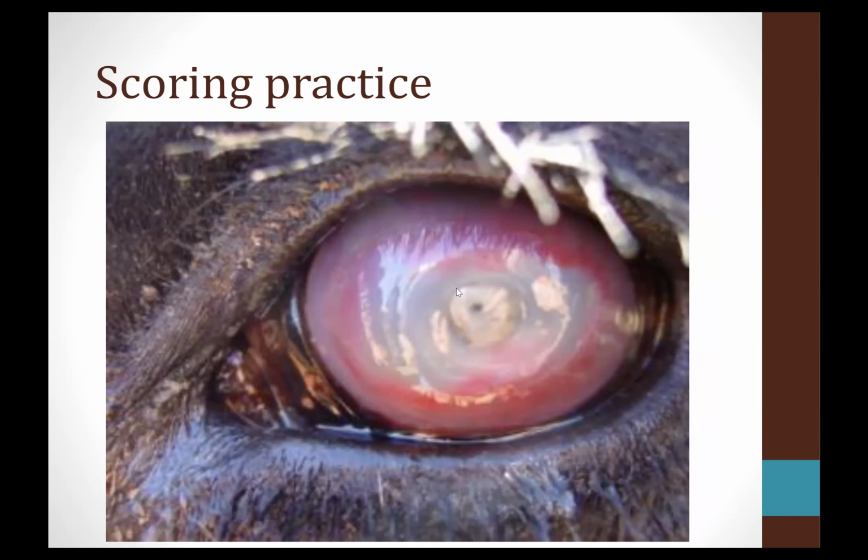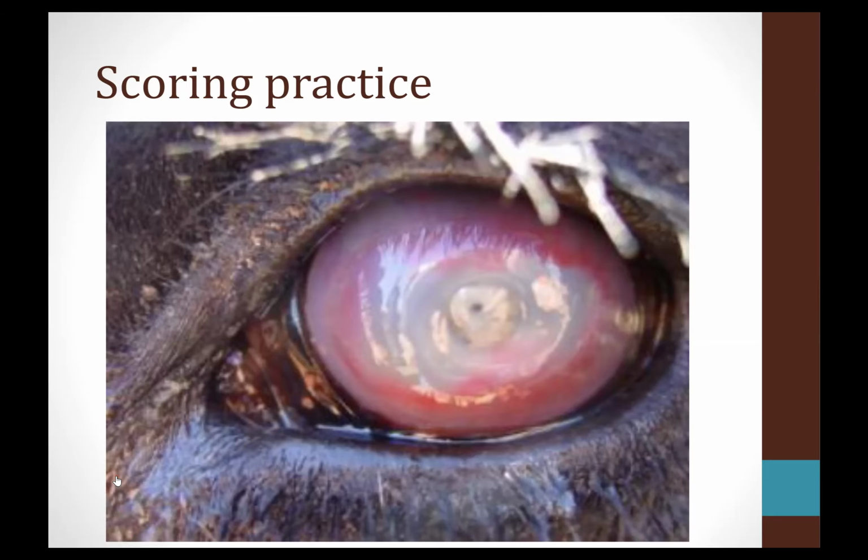Okay, so some said it's stage 4 or stage 3. I would say this one is stage 3, mostly because the uvea has not yet prolapsed. And so there is vascularization, there is corneal ulcer, but there's no uveal prolapse yet. No? So we would say this one is stage 3.